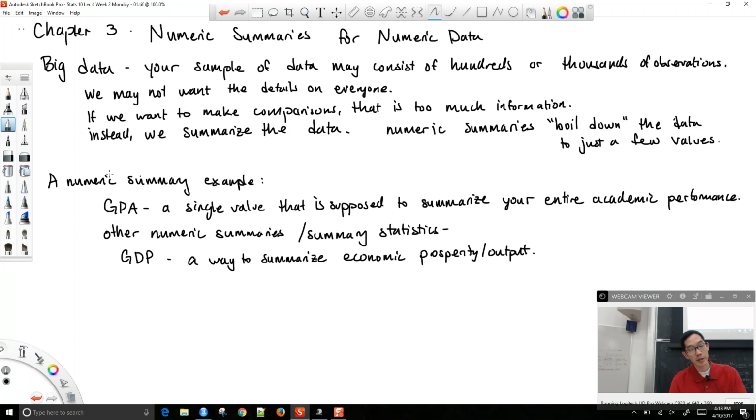So these are examples of numeric summaries that are specific for certain applications. All right, GPA only makes sense in an academic context, okay? If you start talking about your GPA at the bowling alley, you're gonna lose some friends there.